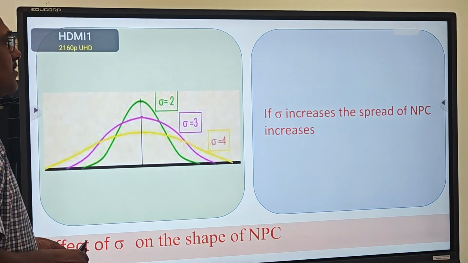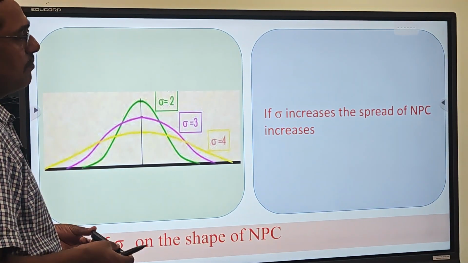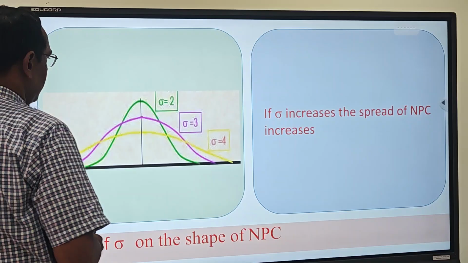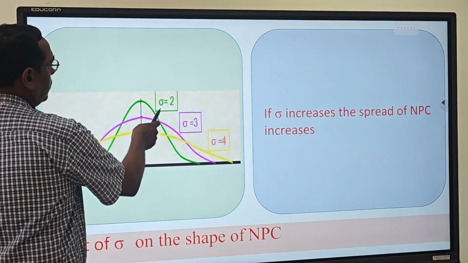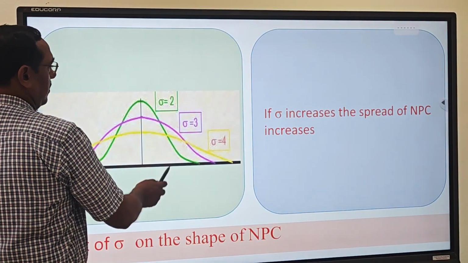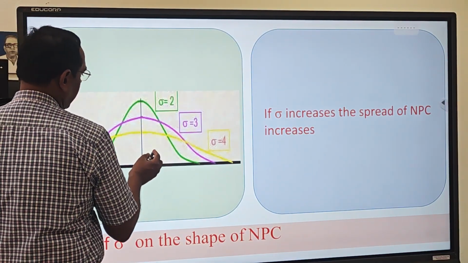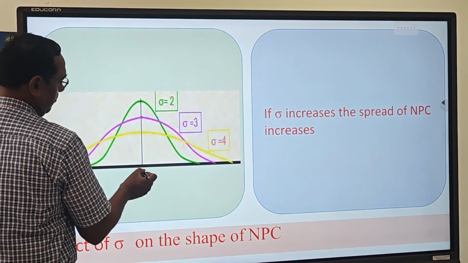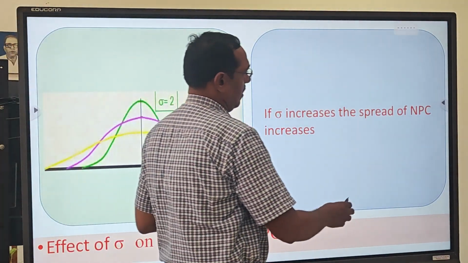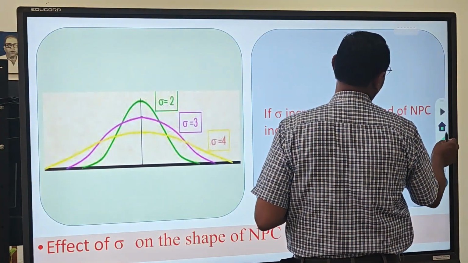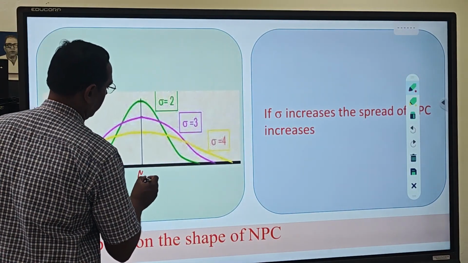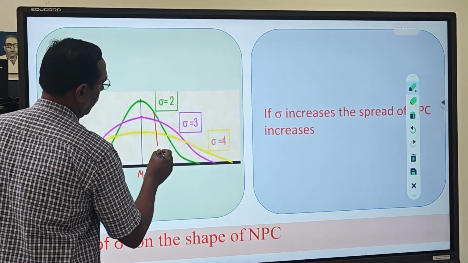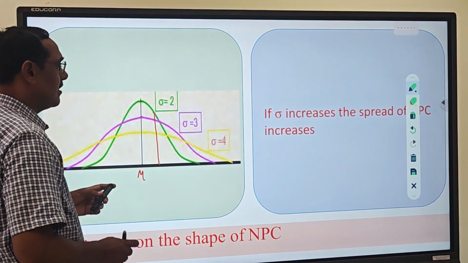So the next one, if sigma increases, the spread of the NPC increases. As we have seen, the value of sigma. Here the standard deviation is 1 for the green curve. So you can see the center point is the mean. After that we will have plus sigma 1 distance, 1 standard deviation.